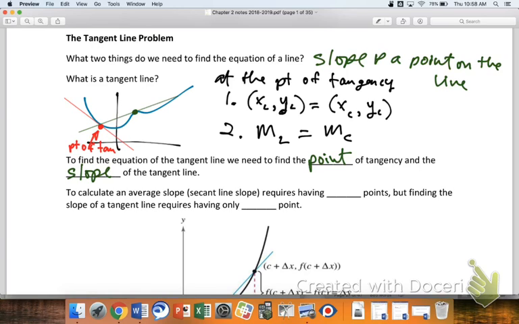Now that is true at the point of tangency, and likely that is not true anywhere else. So the point of tangency is pretty darn special, and we're going to use those two truths quite a bit. The point of tangency is where the slope of the line and slope of the curve are the same, and it's where the location of the line and the location of the curve are exactly the same as well.